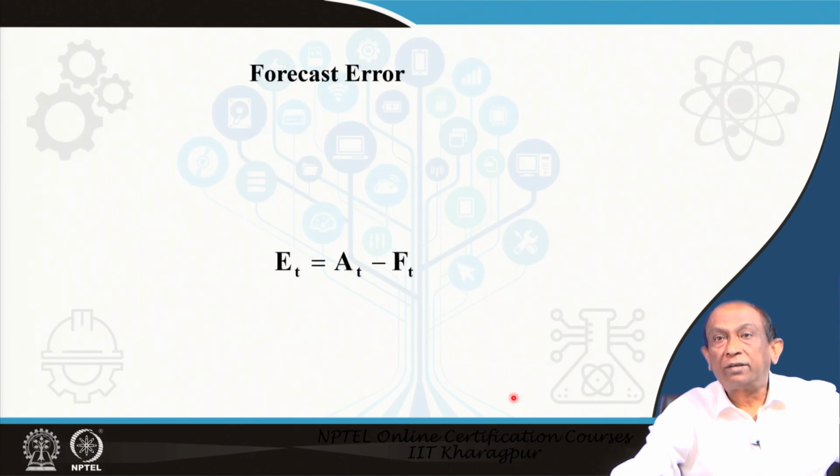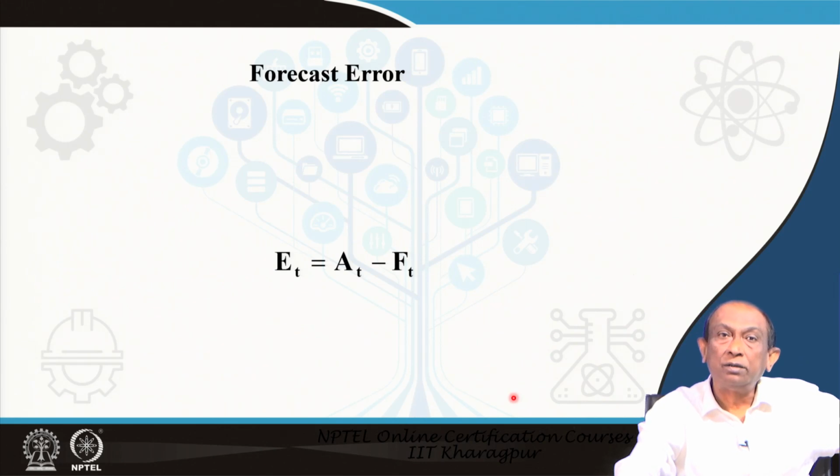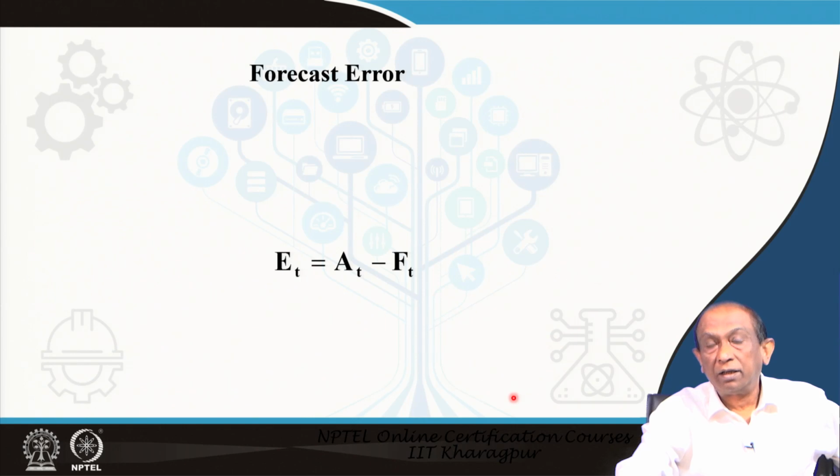Next, we had discussed that the forecast error for the period t is the difference between the actual demand that had been observed in the t-th period, A_t, minus whatever was the forecast demand for the t-th period standing at the end of the (t minus 1)-th period, which is F_t.